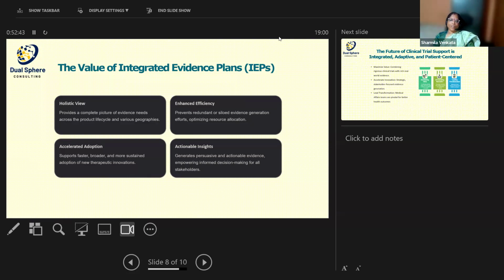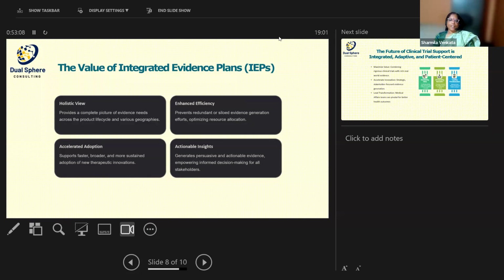So why does this all matter? Again, integrated evidence plans are about strategic efficiency. They ensure that resources, time, money, and people are focused where they deliver the most impact, and that the evidence package is ready for every stakeholder without last minute scrambling.